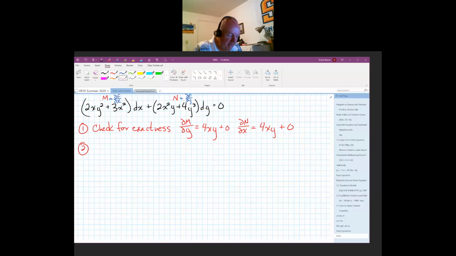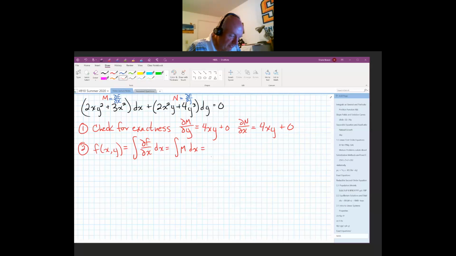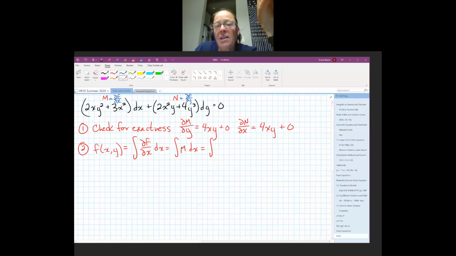Let's do it the standard way, because I think the standard way should just work for us, and that is the way we've been doing it. We just start right away saying our solution f is the integral of m, if you just integrate this with respect to x. If you can integrate m with respect to x, then you should be able to find f.